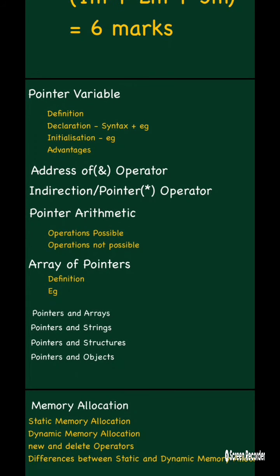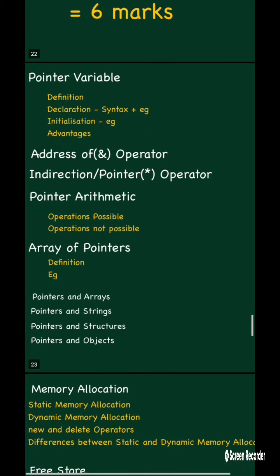Next, how to initialize the pointer variable, along with an example you have to write, and advantages of using pointers. Next is the address of operator, that is the ampersand operator, which is mainly used to find the address of a given variable. And the indirection or pointer operator.